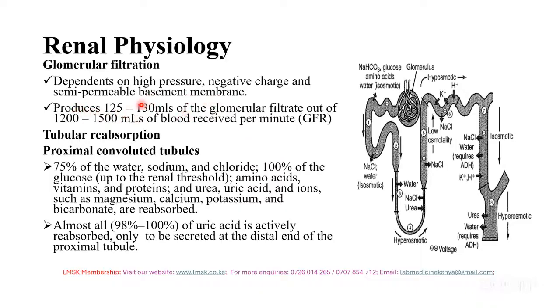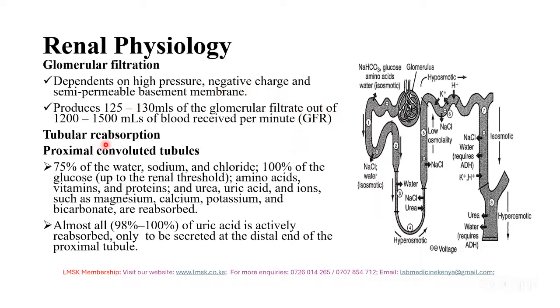And it produces around 125 to 130 mils of filtrate out of the 1200 to 1500 mils of blood that is received per minute, which is actually the glomerular filtration rate.